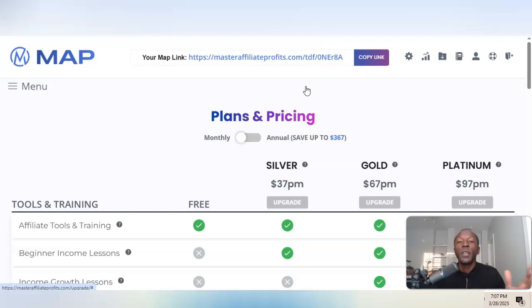Your only job is going to be to promote that particular link, using all the different social media platforms or whatever. If you already know of ways to do this, go ahead and do that. Even if it's word of mouth, telling your friends, you can do it that way. But they have training in the members area that will show you how to do all this stuff, just getting started.